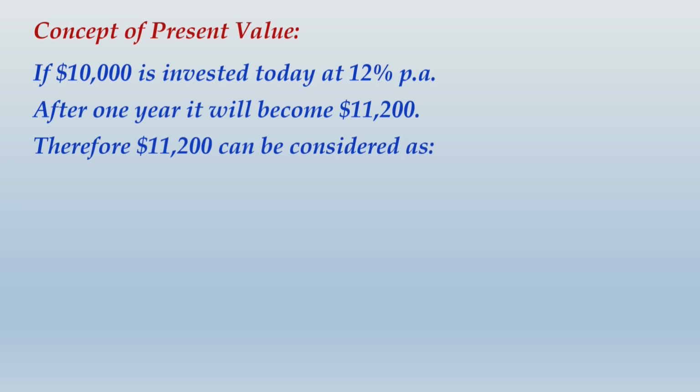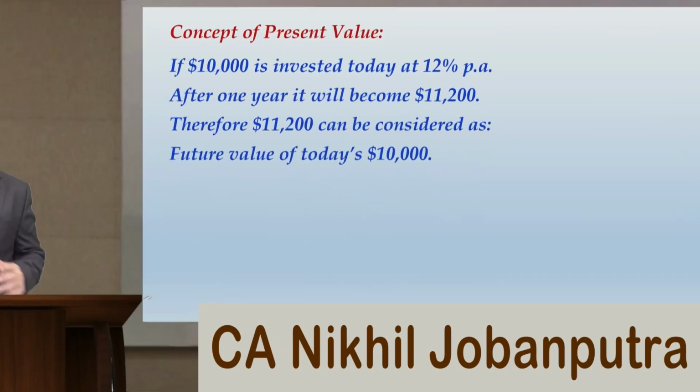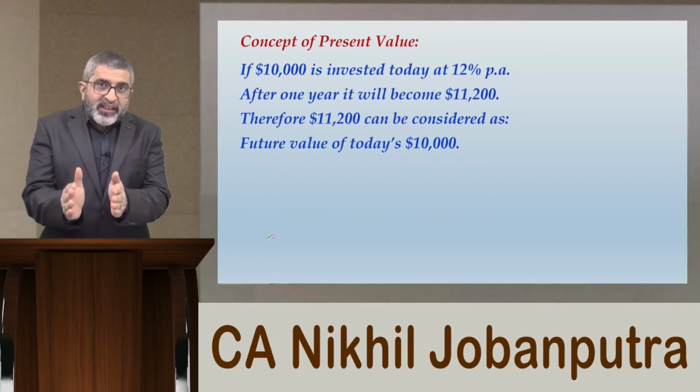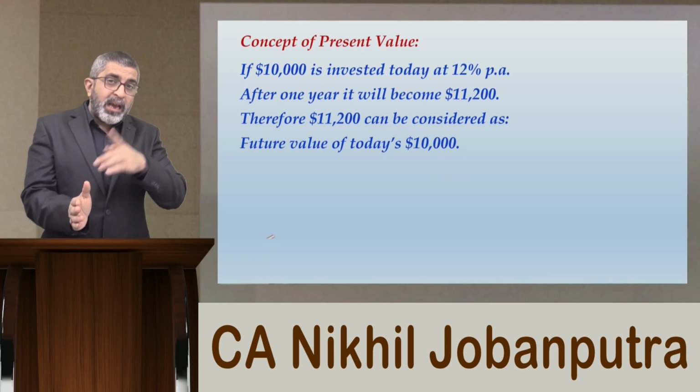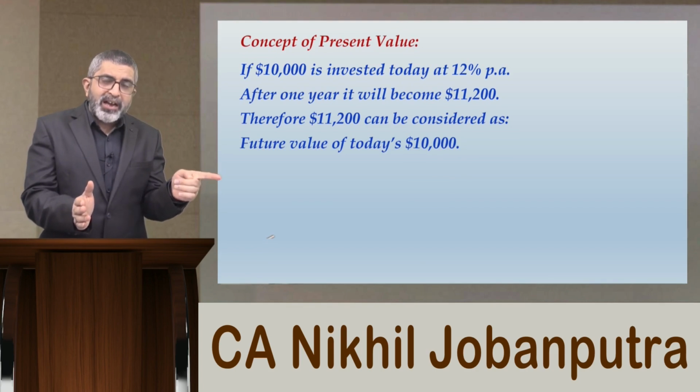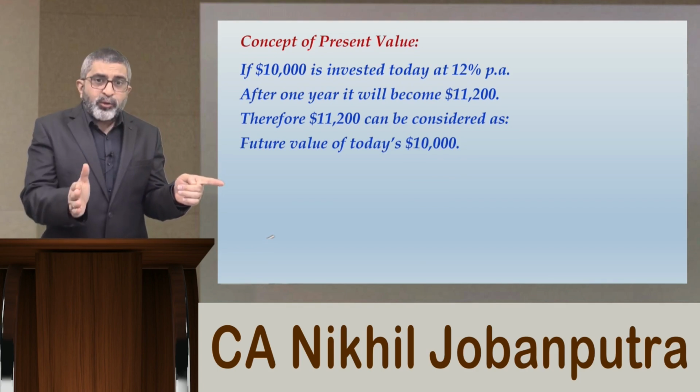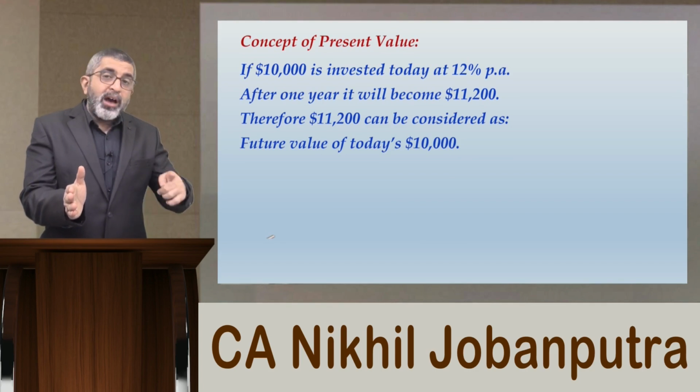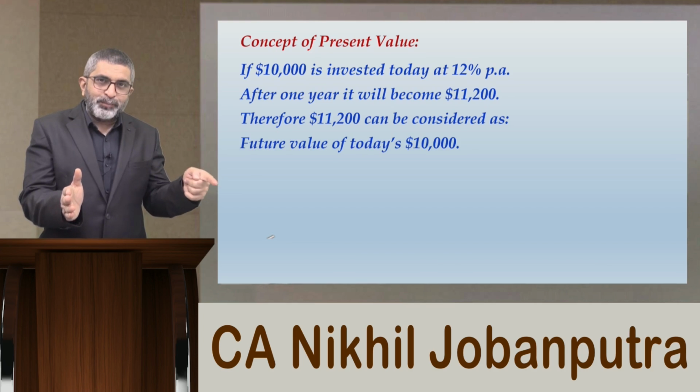So what is that 11,200? We can say, therefore, $11,200 can be considered as future value of today's 10,000. So keep this thing in your mind very clear. Today's $10,000 is becoming $11,200 after 1 year. So $10,000 is the present value, and $11,200 is the future value at 1 year time.